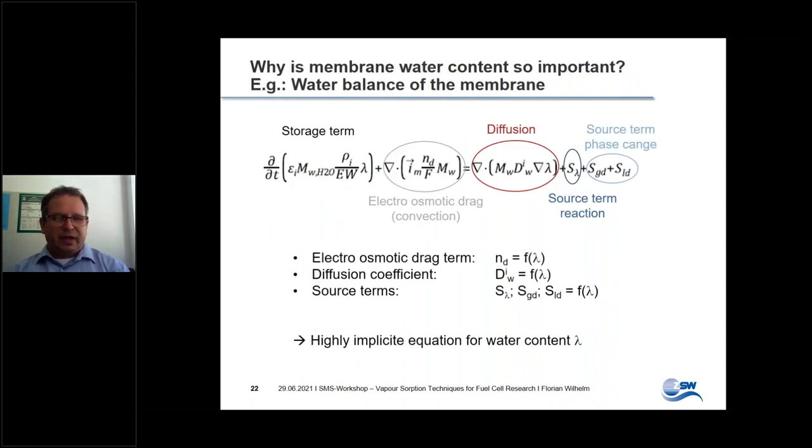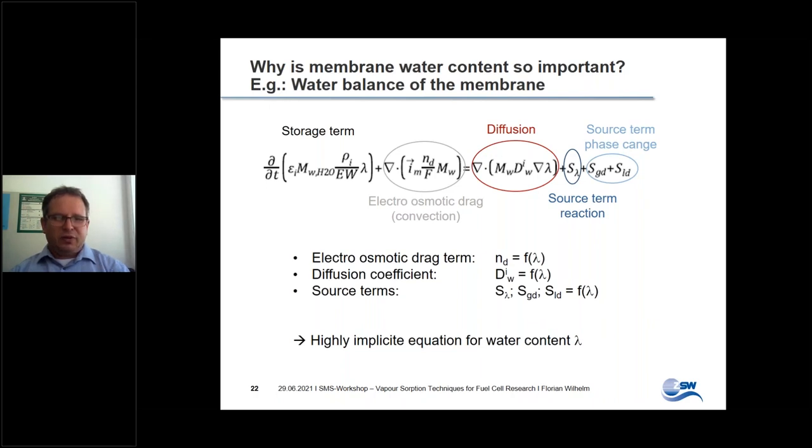And how does this go into the modeling of the membrane? What I'm showing here is an equation from the full cell model in CFD, to be more precise, in the ANSYS fuel cell module for ANSYS Fluent CFD.